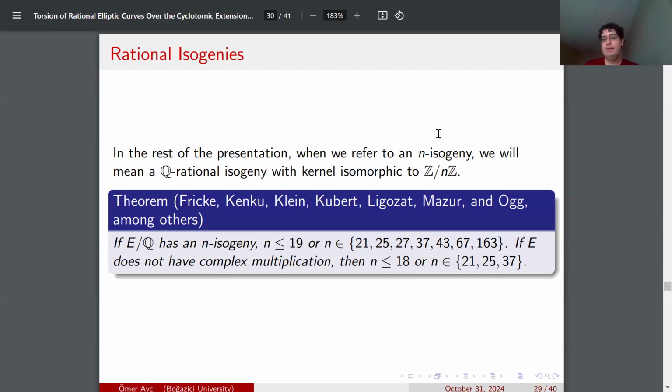Also, more importantly, for some n, like 10 or something, there are infinitely many elliptic curves. But for some cases, like n is 67, there are actually finitely many elliptic curves with an n isogeny. And we can find those in tables in other authors' works, and then look at the elliptic curves, search them in the LMFDB database, and so on.